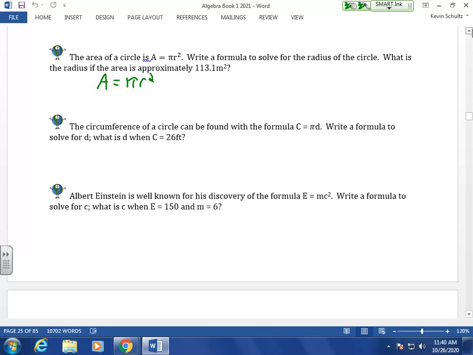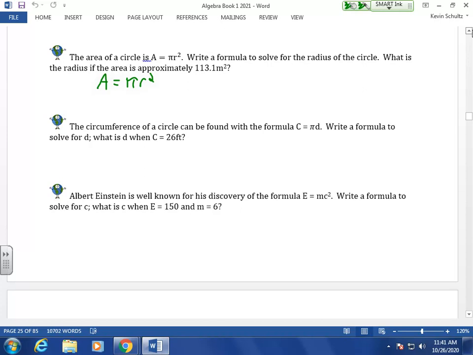Okay? R by itself. So just like the others, what are we doing to r? And let's undo that. We're squaring r and then multiplying by pi. So to undo that, Daniel?